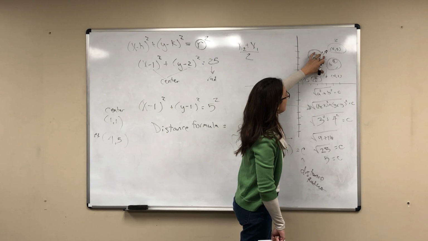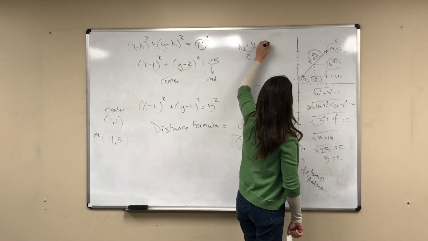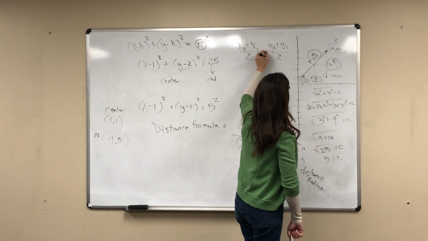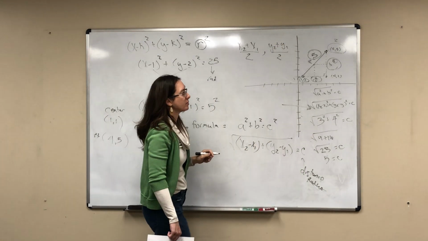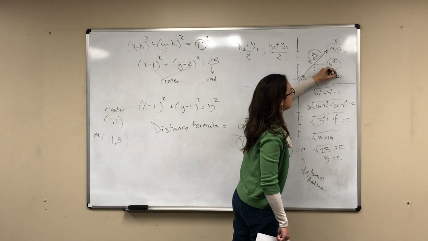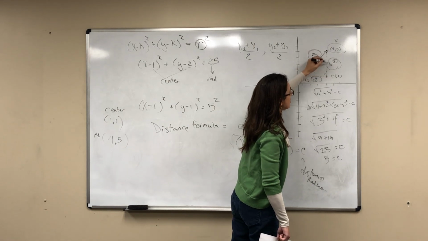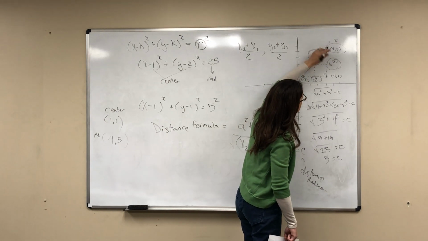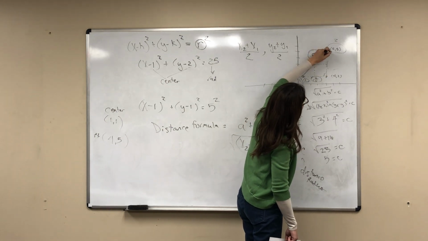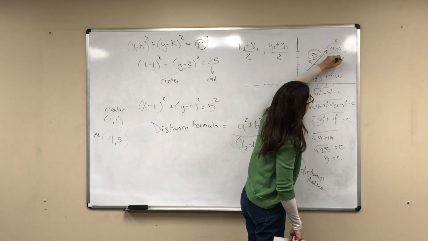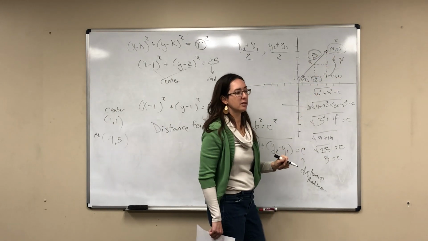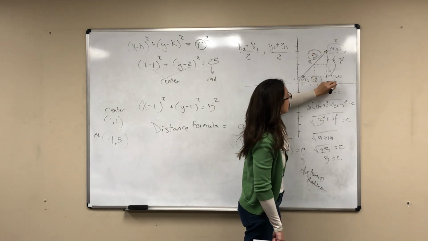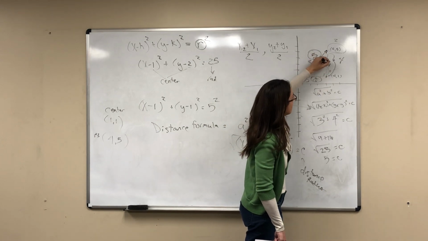To find the middle between these two, I'm going to add both of my y numbers and divide them by 2. So 5 plus 1 is 6, divided by 2 is 3. Now if our distance here is 4, what's halfway? 2. I would need to go up 2 and come down 2. So 1 plus 2 is 3.